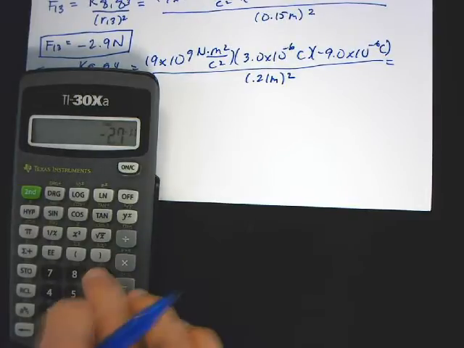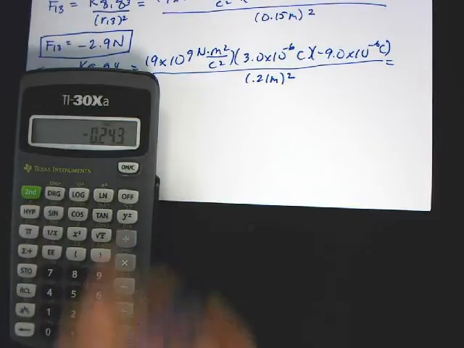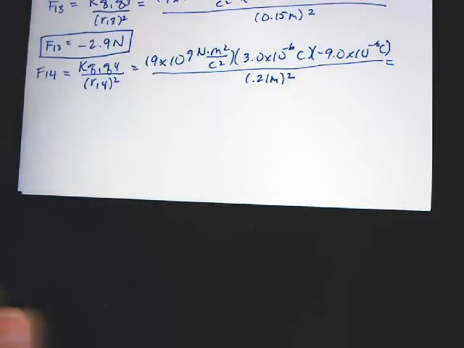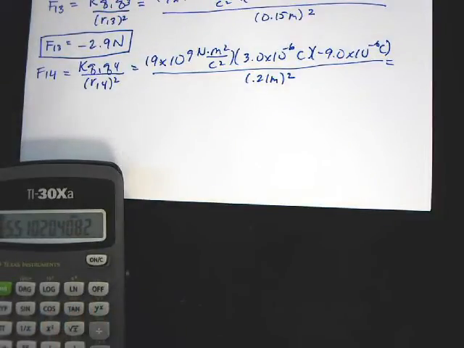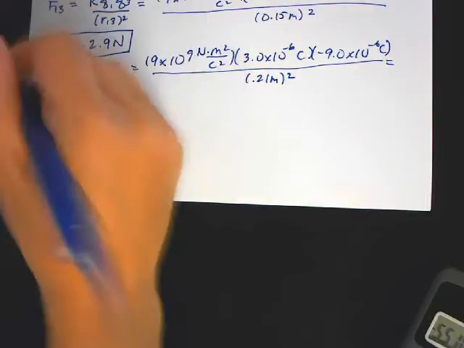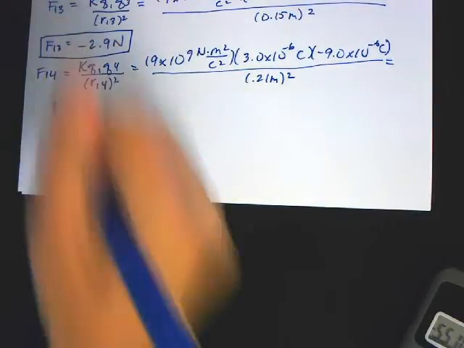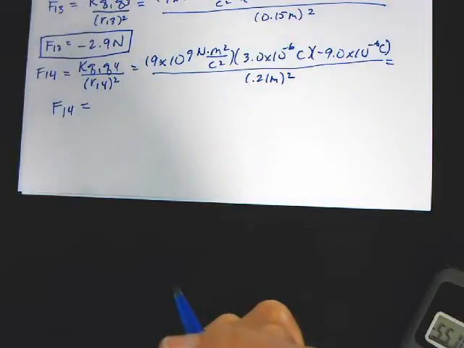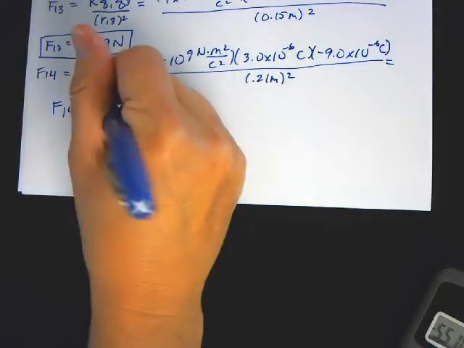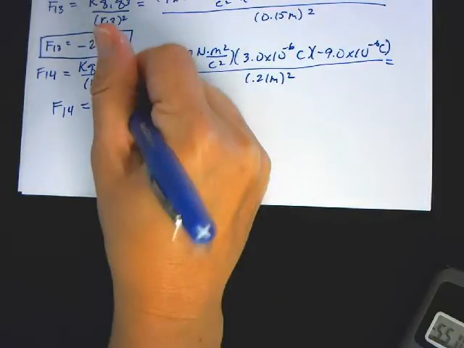So now I get F14 is equal to negative 5.5 newtons. So now I have my three forces.